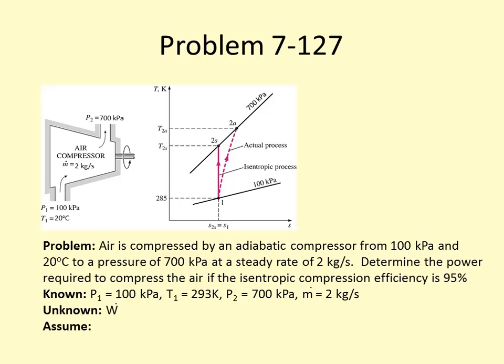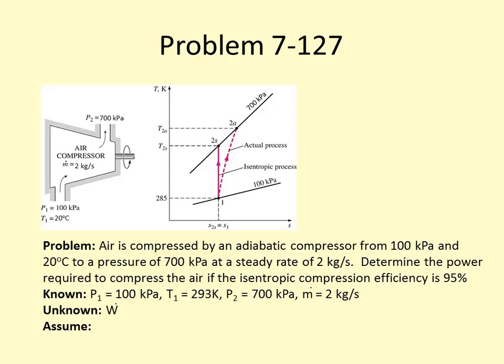In order to find the isentropic T2, we know T2s over T1 is equal to (P2 over P1) to the (k minus 1) over k. So for an isentropic ideal gas with constant specific heats, we can make this assumption. This only works for an isentropic ideal gas with constant specific heats.